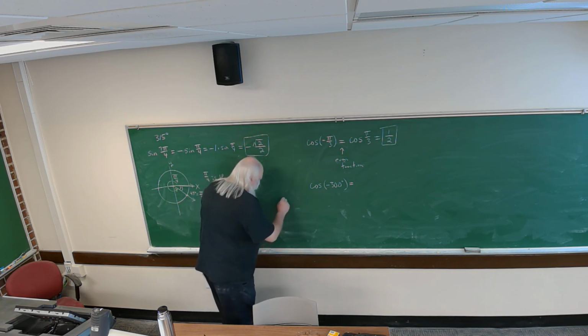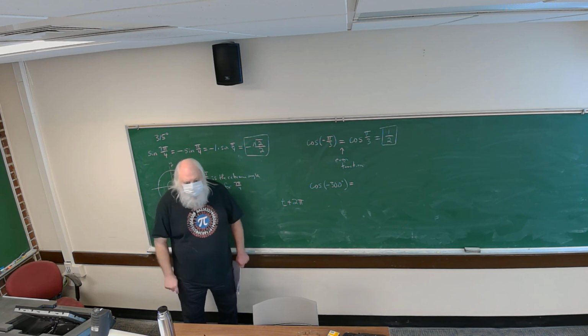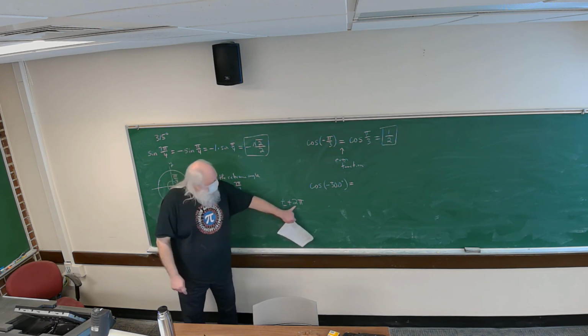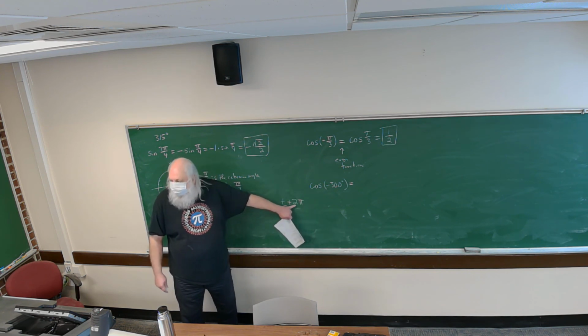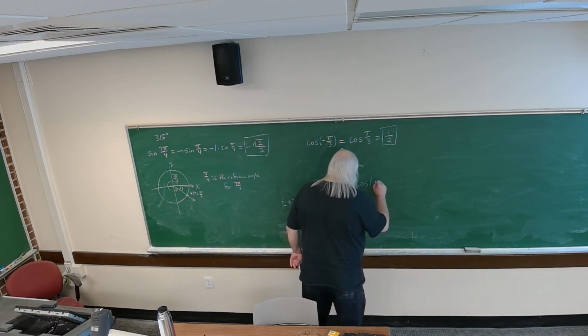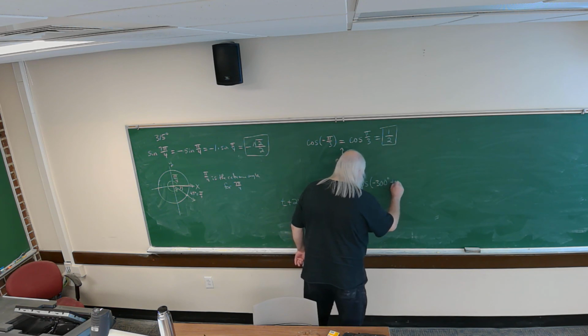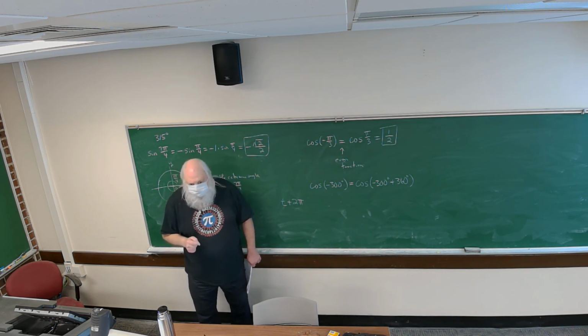If you add 2 pi radians to an angle, it doesn't change the value of the cosine or sine function. In terms of degrees, 2 pi radians and 360 degrees are both 1 revolution. So I can add 360 degrees to minus 300 degrees, and that doesn't change the value of the cosine function.